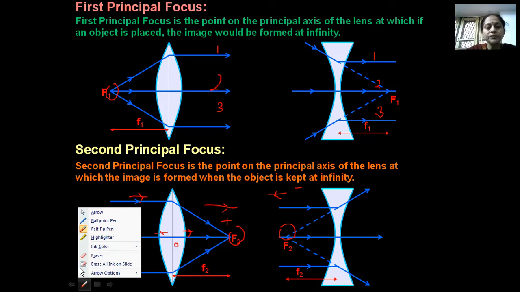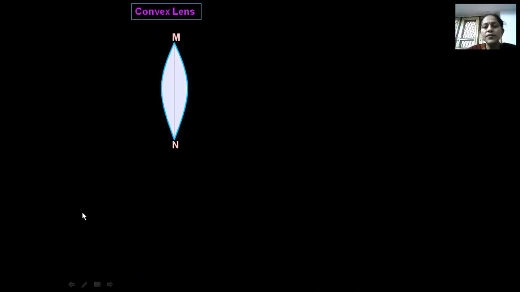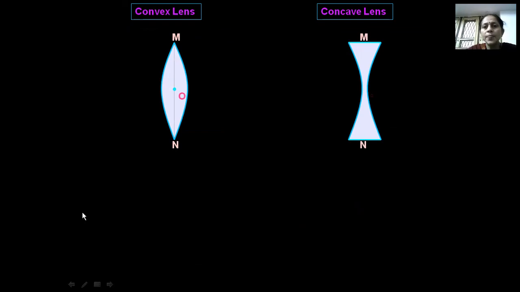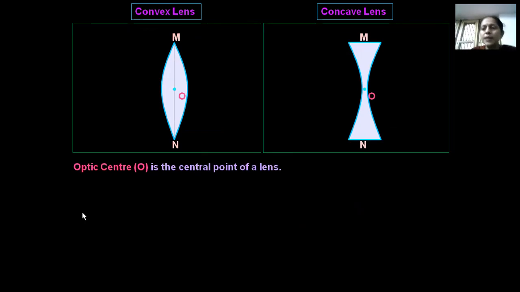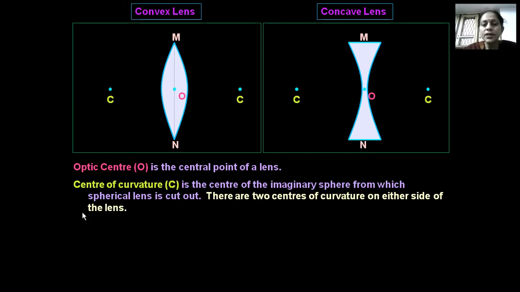Next, we come to our next slide: more definitions. Two lenses can be seen here in the diagram, convex and concave. O is the optical center, the center point. If a light ray passes through this point, it will pass undeviated.